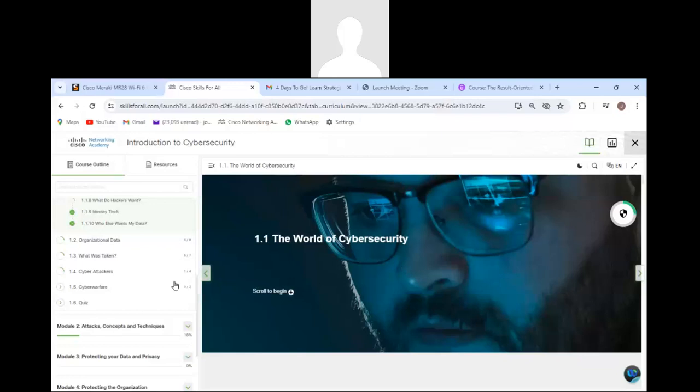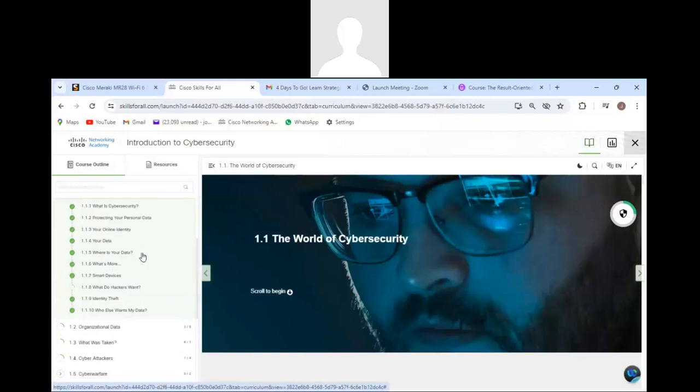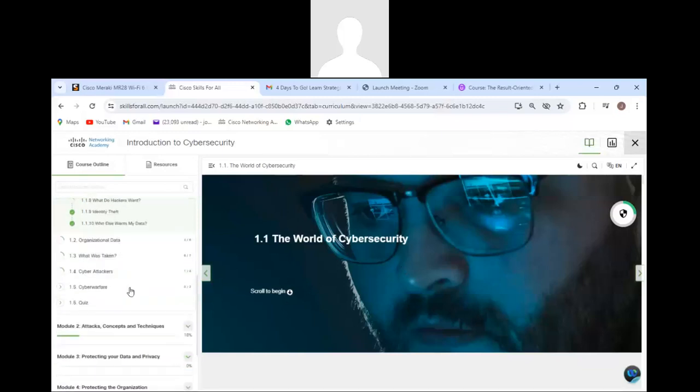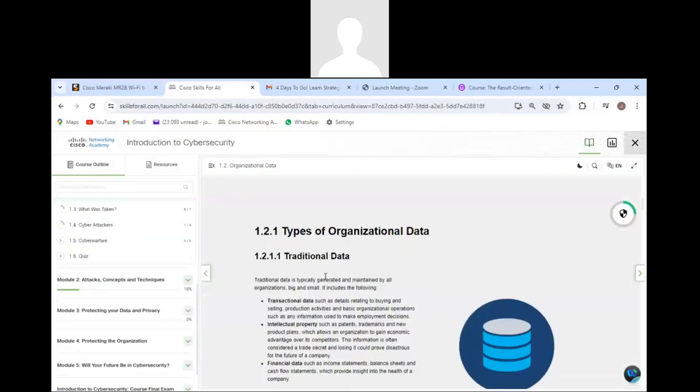We are looking at finishing chapter one and chapter two today. As we discussed yesterday, we're starting from looking at organizational data, which we briefly went through yesterday.